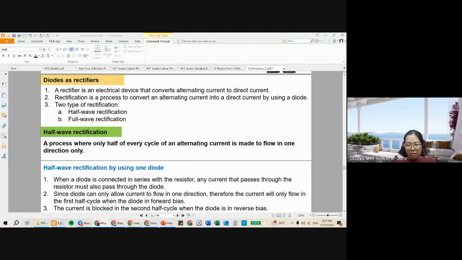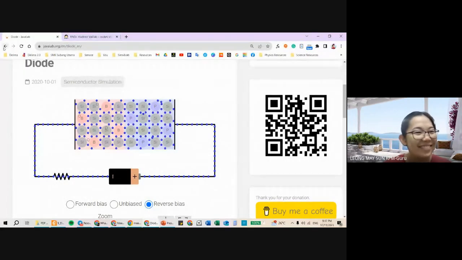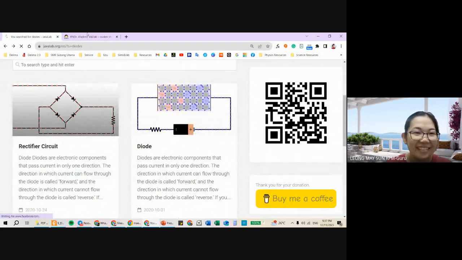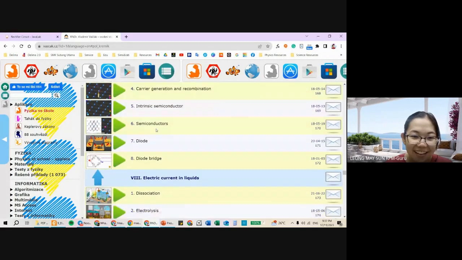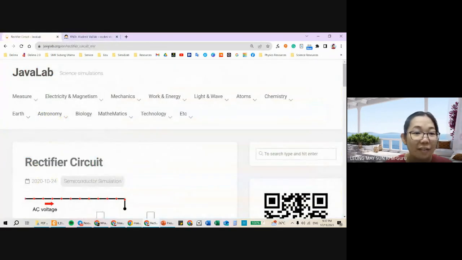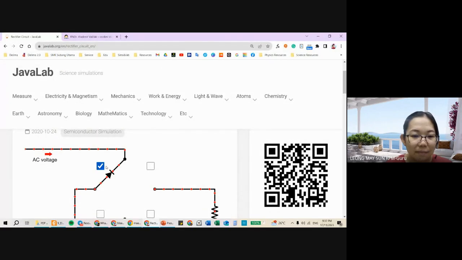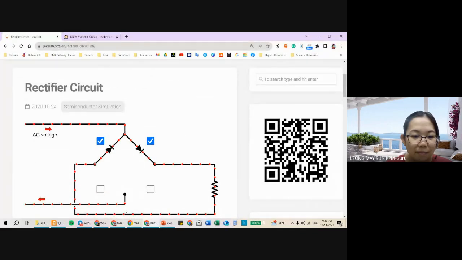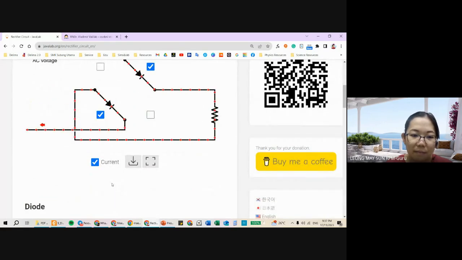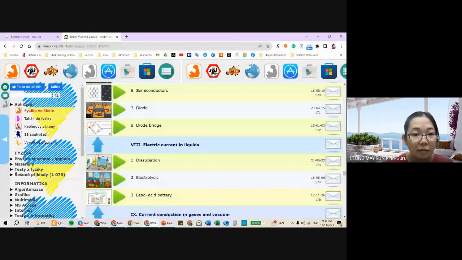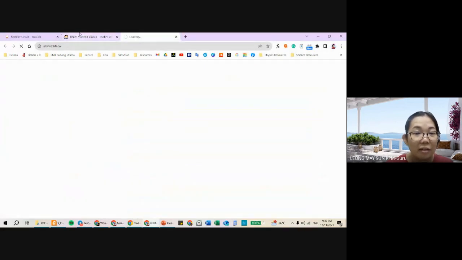The main purpose of a rectifier is actually because... Okay, let's see rectifier. Okay, let me find that, diode.